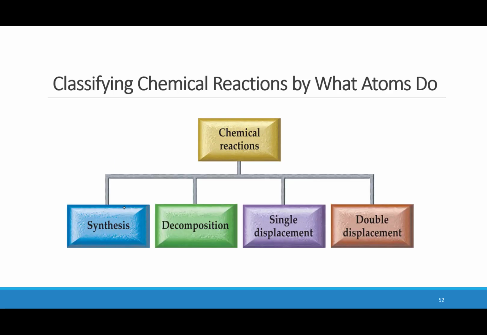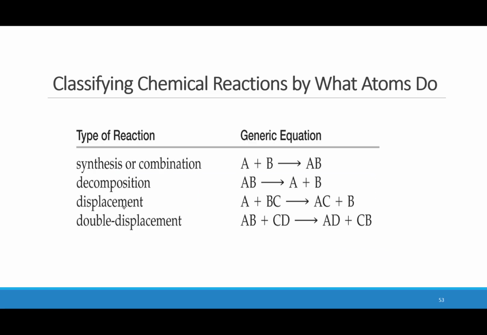Also, chemical reactions are split into synthesis, which is when we are synthesizing something, meaning we are making a product. Decomposition means we are separating the product. We have single and we have double displacements. These are examples.